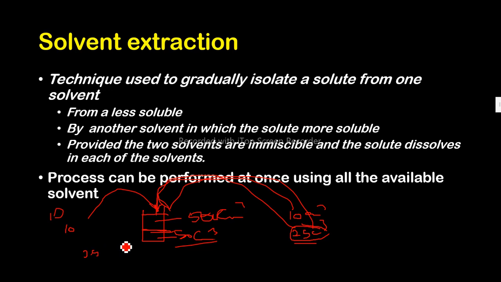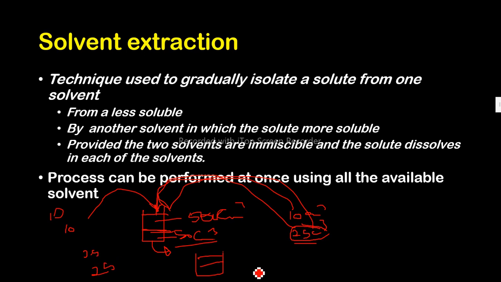Then you add the other 25 to the remaining mixture, you shake again, and you isolate, together with the solvent that you are using to extract, so that you have two portions of 25, 25.